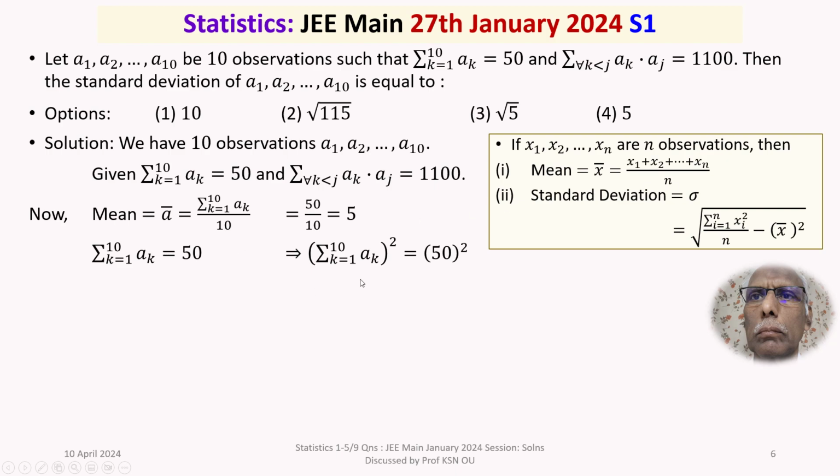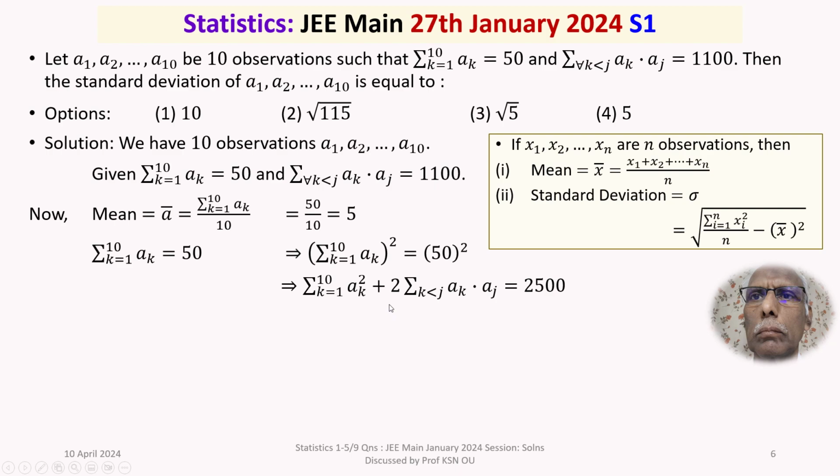ak square, k equal to 1 to 10. Right. So if you want the sum of ak square, you take the sum of ak, square it, and obtain the sum of ak square from it. So square it, you will get the sum of ak square, k equal to 1 to 10, plus 2 times the sum of ak aj, where the sum runs over k less than j, is equal to 2500. This is the sum of ak whole square.